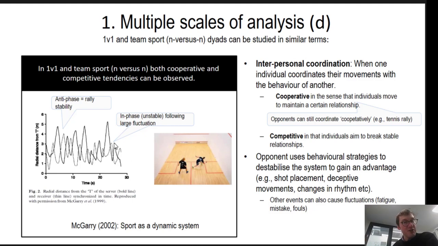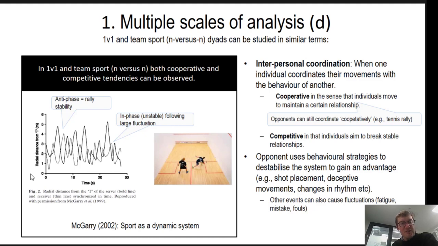And we know that fluctuations are associated with a phase transition. And we see here in particular a situation where suddenly both players are moving to the T at the same time. So they move to an in-phase relationship, which in this sport is an unstable regime, and it's predictive that somebody is about to lose.